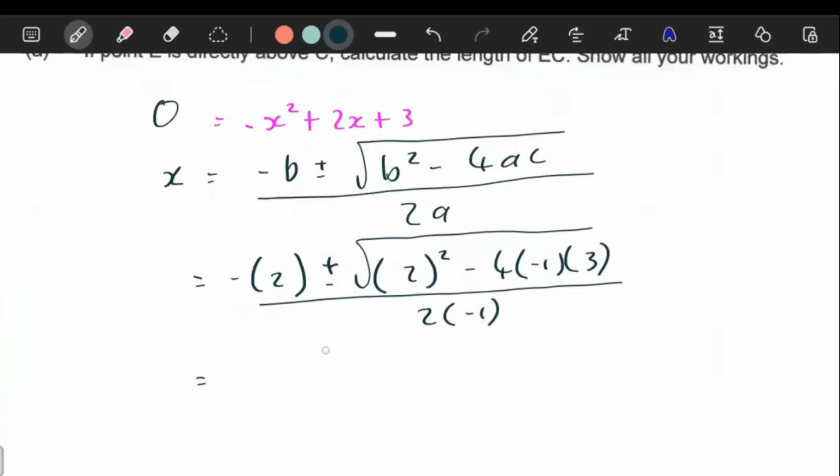So this being done, let's put everything in the calculator. So minus here, -2, right? Plus the square root of 2 squared minus 4ac, the whole thing over 2a.